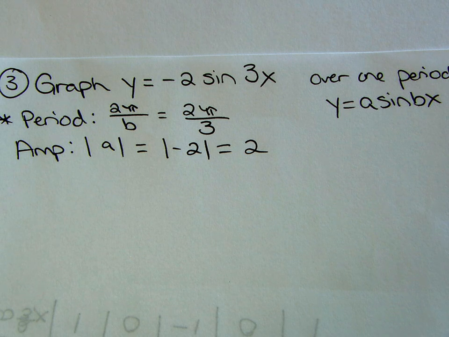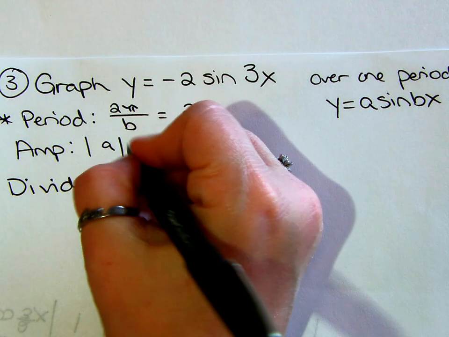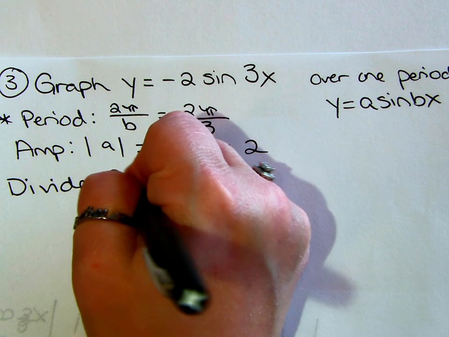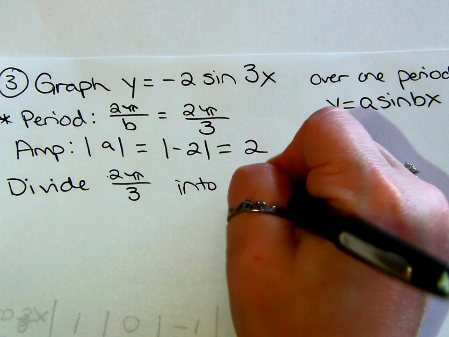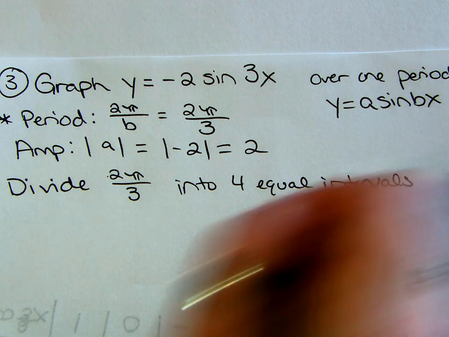Now we need to divide our period into four equal parts. So we need to divide our 2 pi over 3 into 4 equal intervals. If you're not great with fractions, this is a good opportunity to start mastering those again.